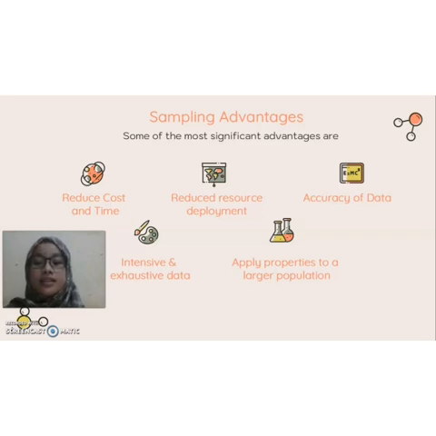Fourth is intensive and exhaustive data. Since there are fewer respondents, the data collected from a sample is intense and truthful. More time and effort is given to each respondent rather than having to collect data from a lot of people.